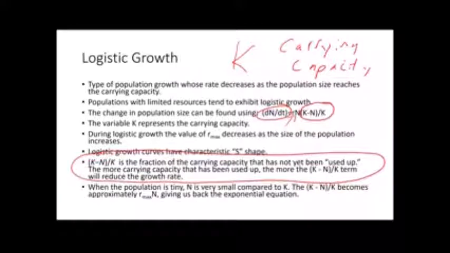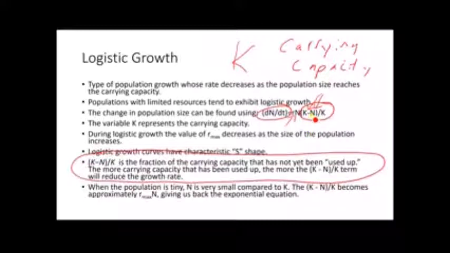The bigger N gets, the more of that gets used up. So the more carrying capacity that has been used up, the more the K minus N over K term will reduce the growth rate. Because again, as N goes up, the top value of this fraction is going to go down, and we're going to be multiplying N by some fraction.